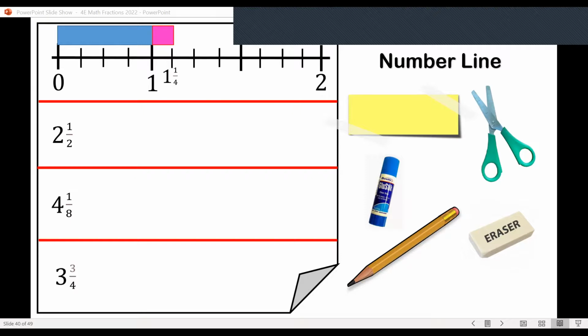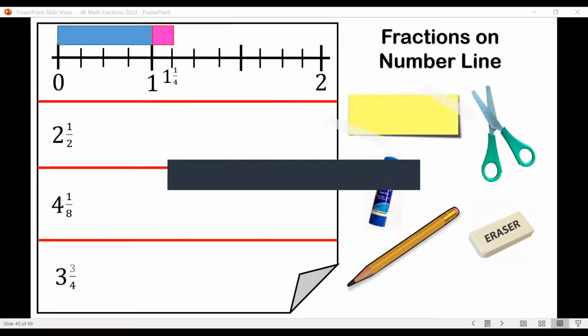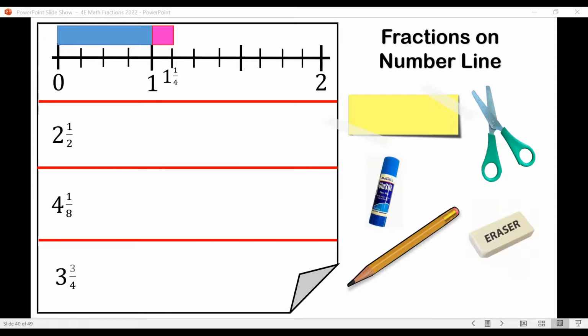We are going to fix the strips of paper onto number lines. That is tomorrow's activity. It's a bit similar to the polo band, but the polo band doesn't really need us to be accurate because we are just getting an idea of what it is like. Tomorrow's activity will need us to be accurate because now we're really understanding where I can find these mixed numbers on number lines.